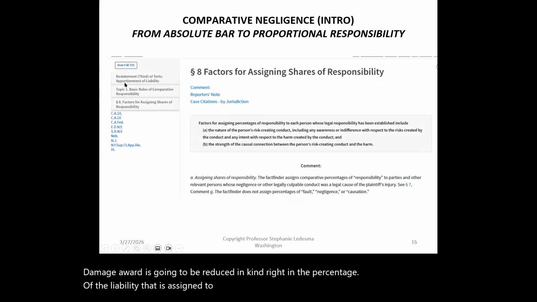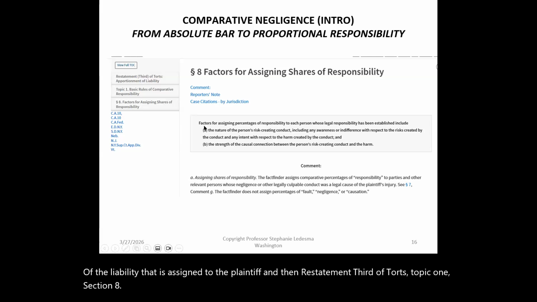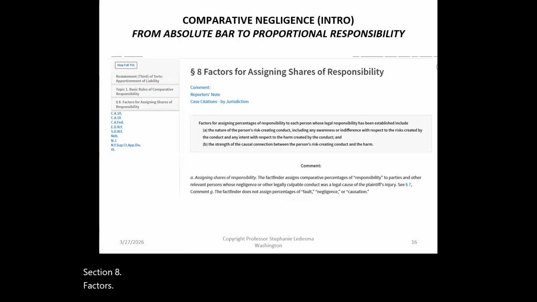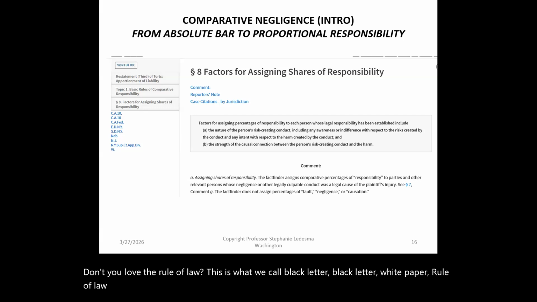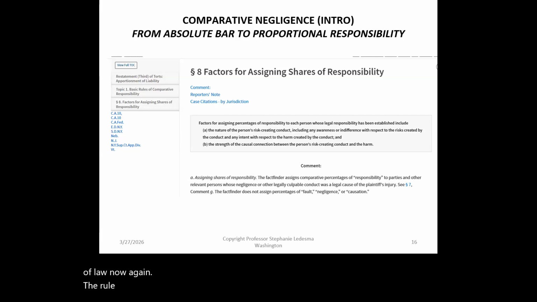And then Restatement Third of Torts, Topic 1, Section 8, factors. Don't you love the rule of law? This is what we call black letter, white paper, rule of law. Now, again, the rule doesn't mean what the rule says until the rule is tested, but we have the rule.